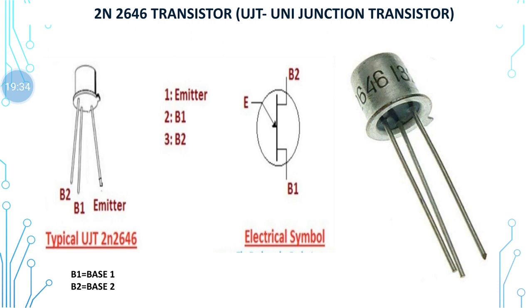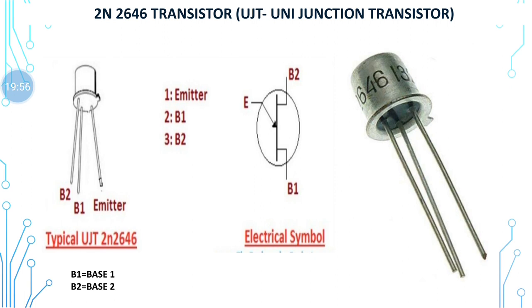The next one is a unijunction transistor which has a number code of 2N2646. Here you can see there is no collector in this. Instead of a collector there is an additional base, B2.